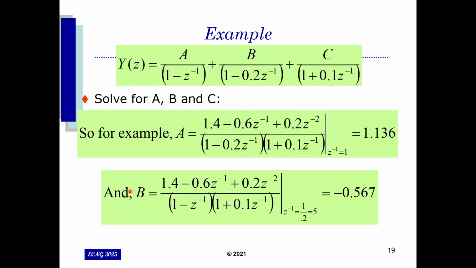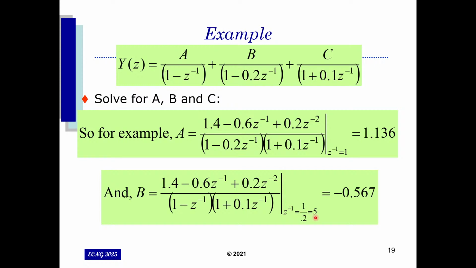That's going to be 1 minus z to the negative 1 and 1 plus 0.1 z to the negative 1. We multiply those 2 on the denominator. And then for the value of z to the negative 1 that we need to substitute for solving for b, we let 1 minus 0.2 z to the negative 1, which is the denominator term associated with b, equal 0, and we solve for z to the negative 1.